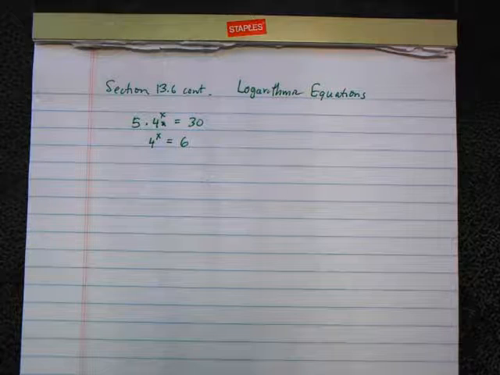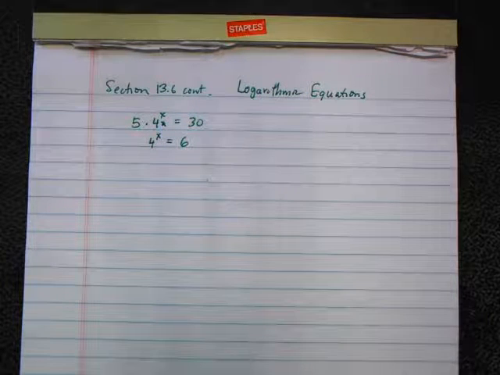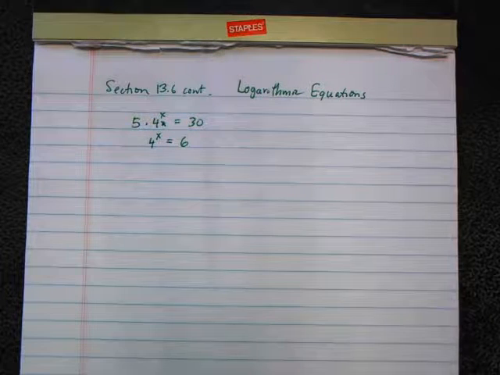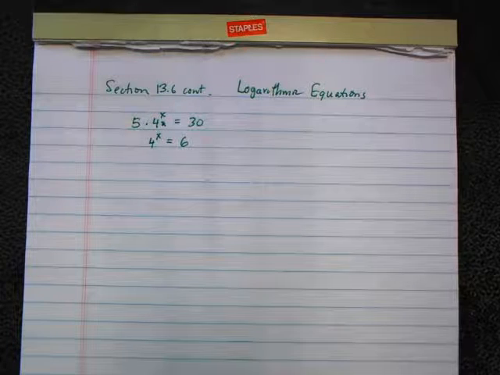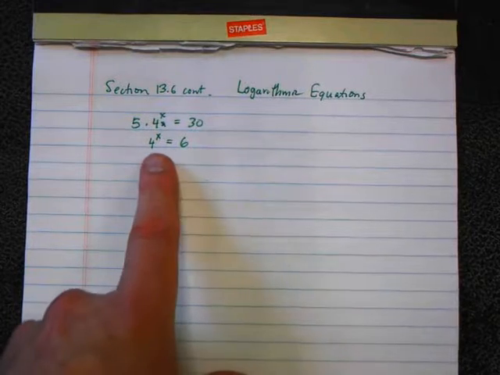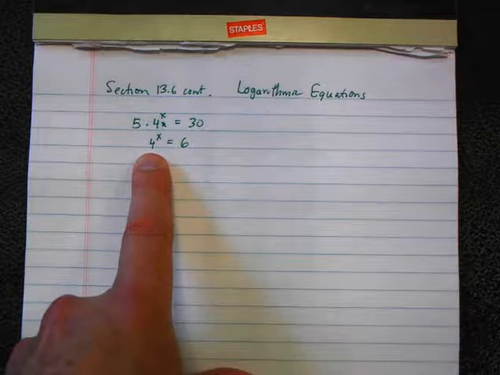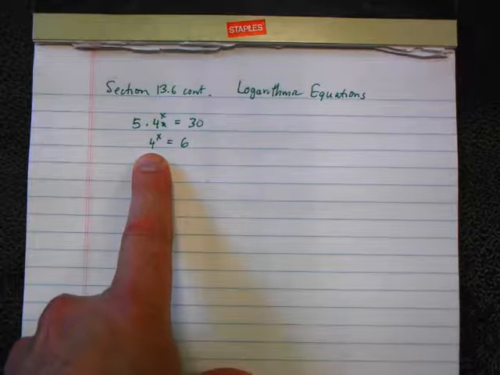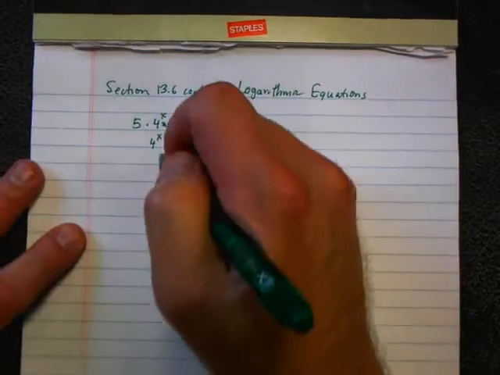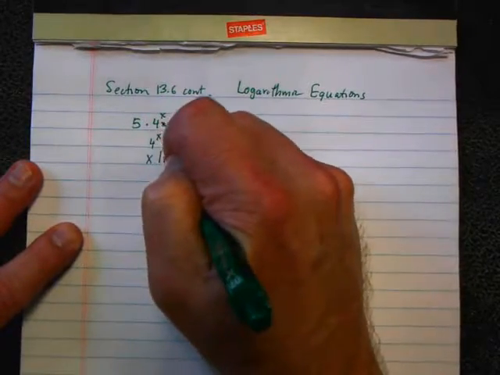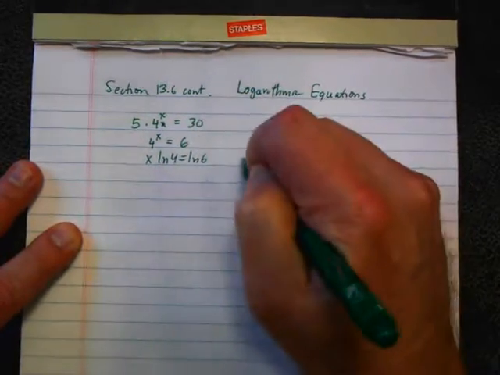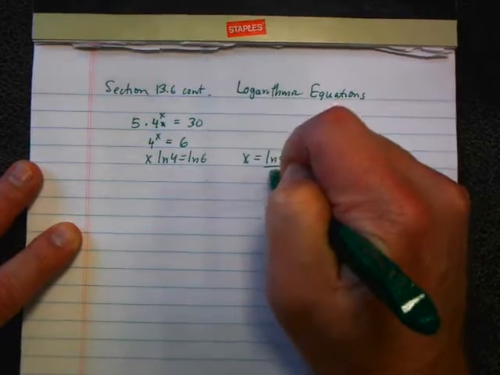The truth is you can use any logarithm you want. We chose to always use log or ln because we have buttons on our calculator. The point is, you get the exponential piece alone, and then you do the inverse of an exponential. The inverse of an exponential is a logarithm. So we would write x ln 4 equals ln 6. So x is ln 6 over ln 4.